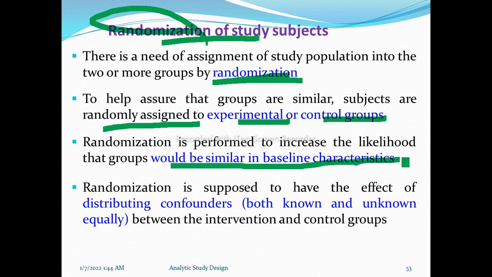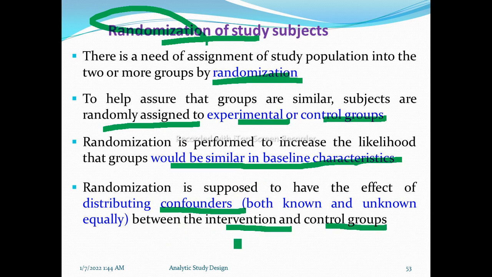By the way, it prevents confounding factors, meaning except for the exposure of interest, everything else is similar. Randomization is supposed to have the effect of distributing confounders between intervention and control groups.